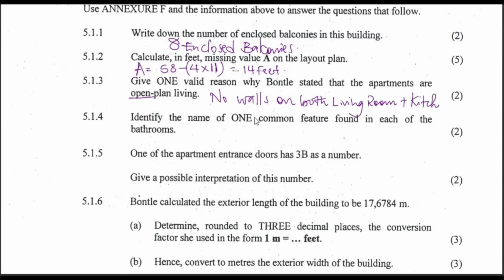They are not separated by walls. If someone is in the kitchen, he can see what's going on in the living room. If someone in the dining room can see what's going on in the living room. So there are no walls. That's why we say it's open plan.